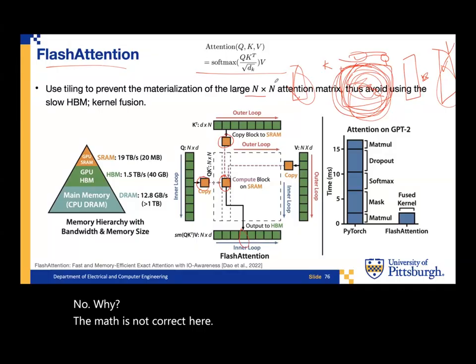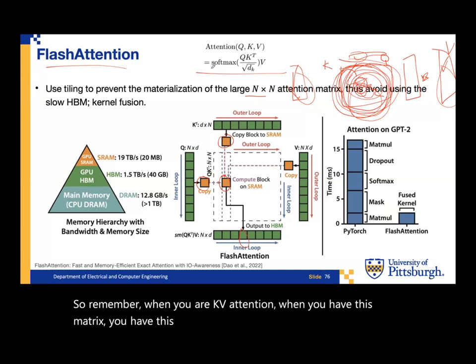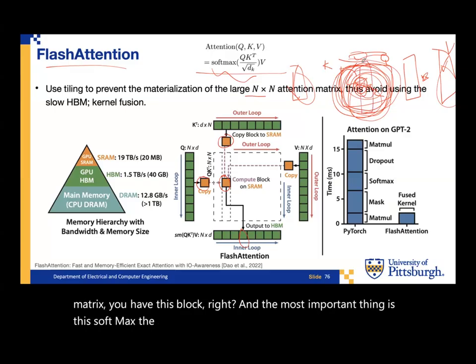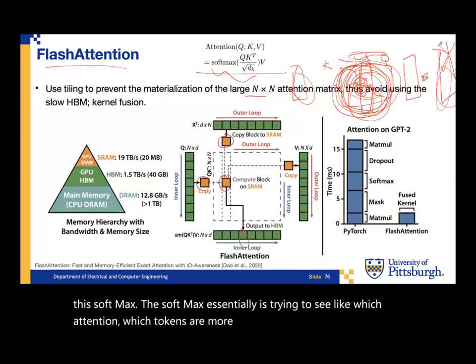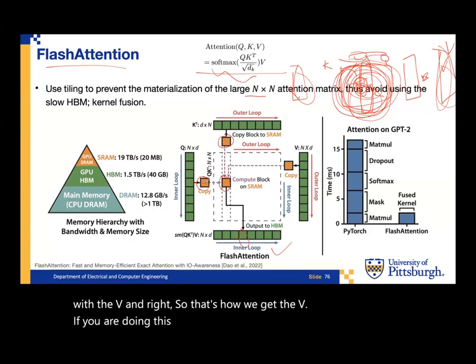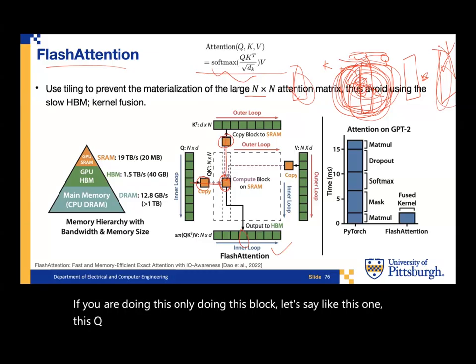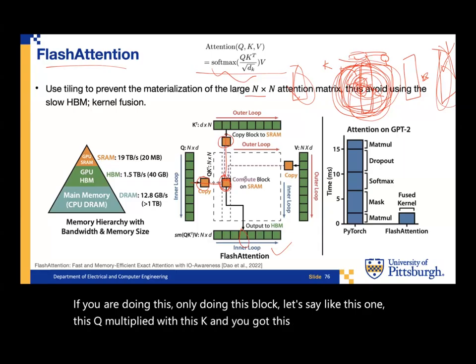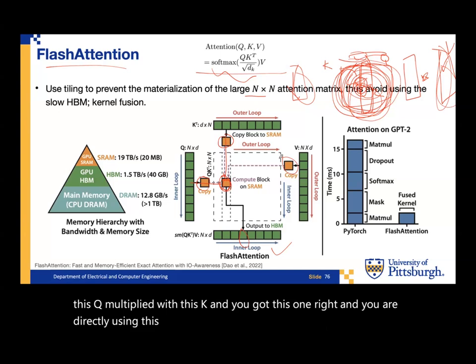Remember, when you do attention and you have this matrix, this block, the most important thing is the softmax. The softmax is essentially trying to see which tokens are more important, and then multiply with the V. That's how we get the V. If you are only doing this block, say this Q multiplied with this K, and you get this one, and you directly use it to multiply with the V, that is not correct.